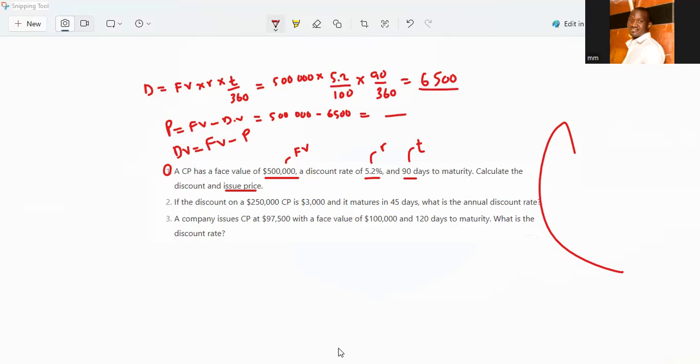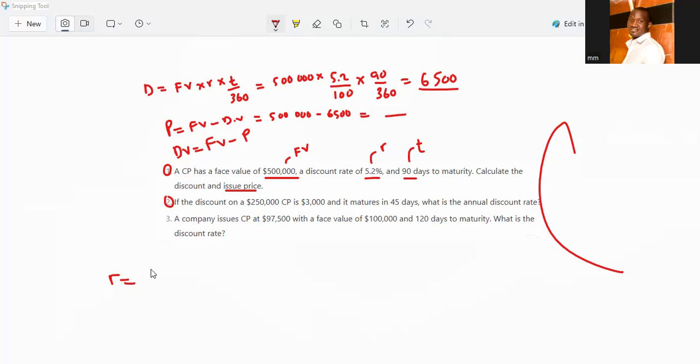Who remembers the formula for the annual discount rate? It's simply the discount value over face value times 360 over time.